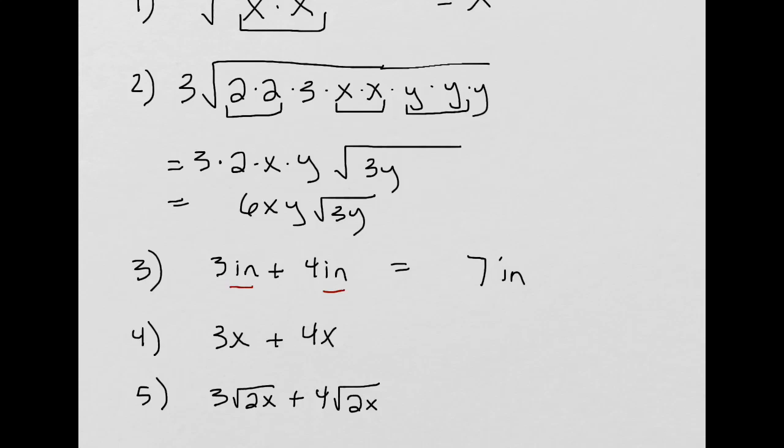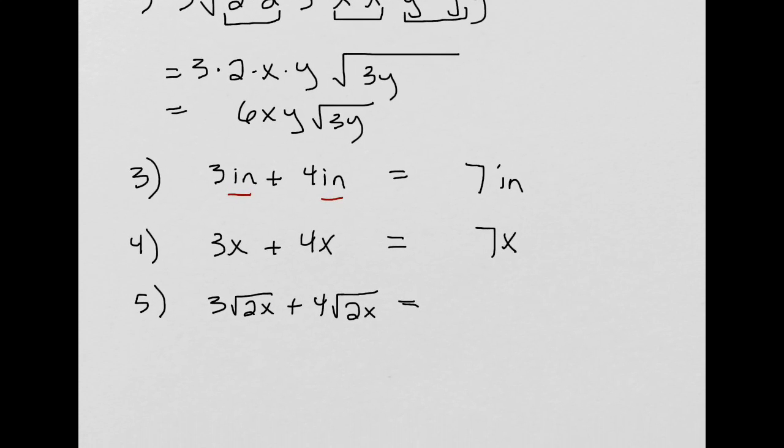If we look at number 4, the question is, can we combine those two terms? Well, sure, because we're adding x's with x's. So 3x plus 4x, again, the common unit is x. So I'm going to get 3 plus 4, 7 x's. What about the last one? Can I combine those together? Well, yeah, actually here I also have a common unit. My common unit is the square root of 2x.